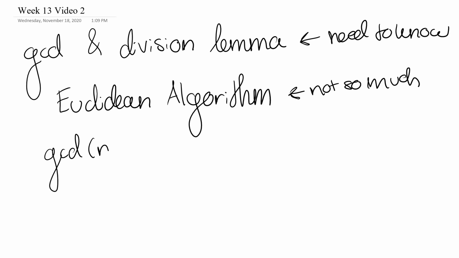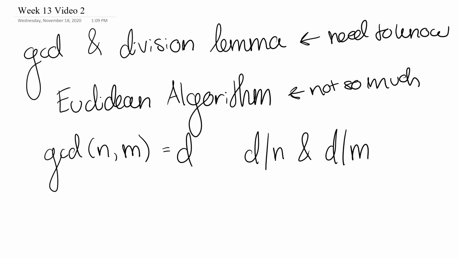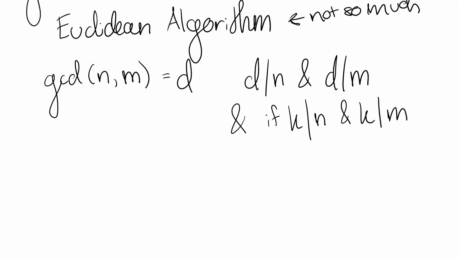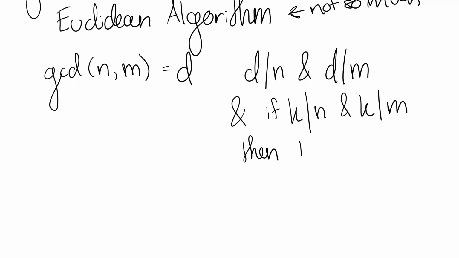GCD is of two non-zero integers. It ends up being D, where D divides N and D divides M, and if K divides N and K divides M, then K is less than or equal to D. So it's the greatest common divisor.